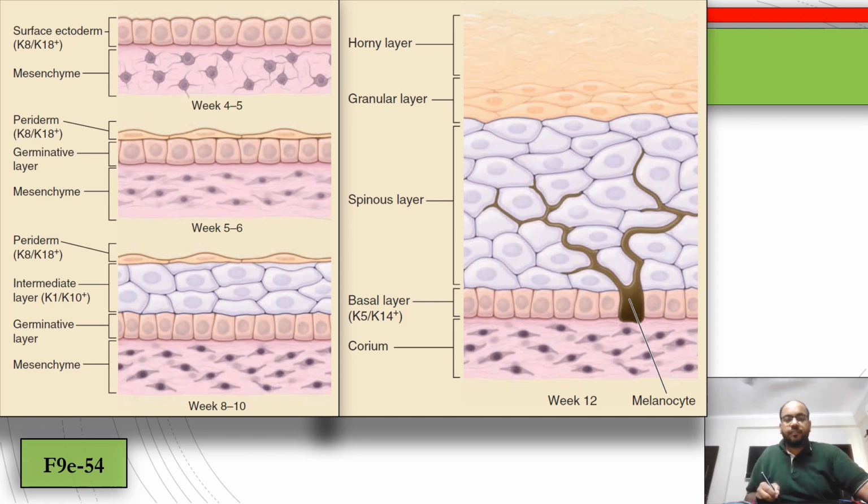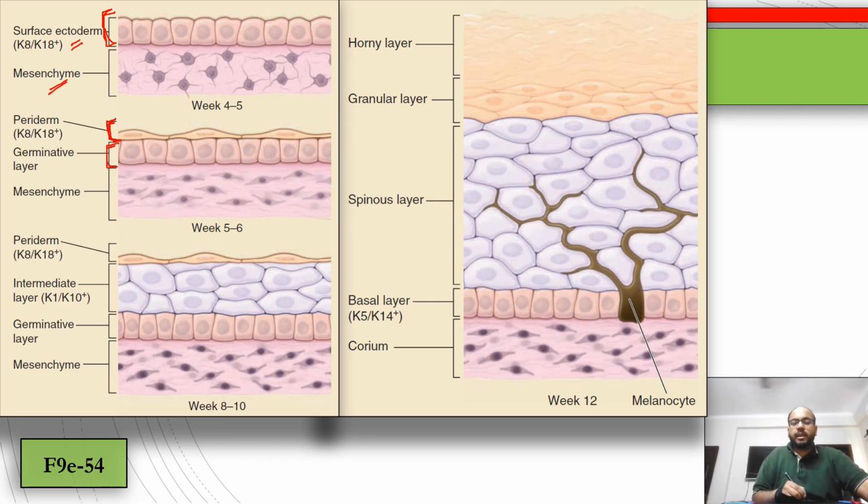Now this diagram I've taken from Fitzpatrick and we'll quickly go through it. We have the mesenchyme, which will eventually give rise to dermis, and we have the surface ectoderm, which is now only a single layer thick. Now this layer will divide into two parts, a superior periderm, which is a very thin layer, and a below germinative layer. Okay.